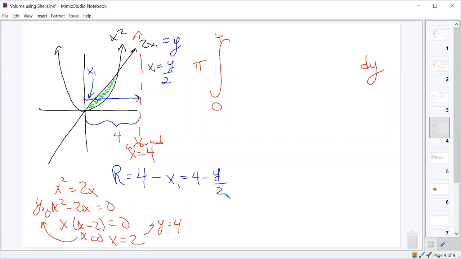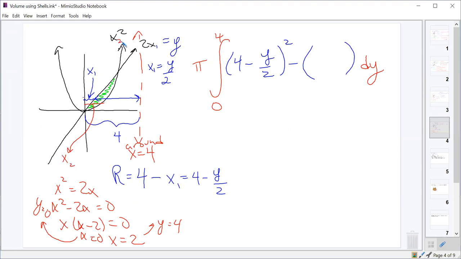Yeah. Good Zoom. Okay. So we've got our outer radius 4 minus y over 2 squared minus our inner radius. Let's find that. Our inner radius, well, this is still 4 units, but this time the amount that we cut off is, we'll call that x sub 2.